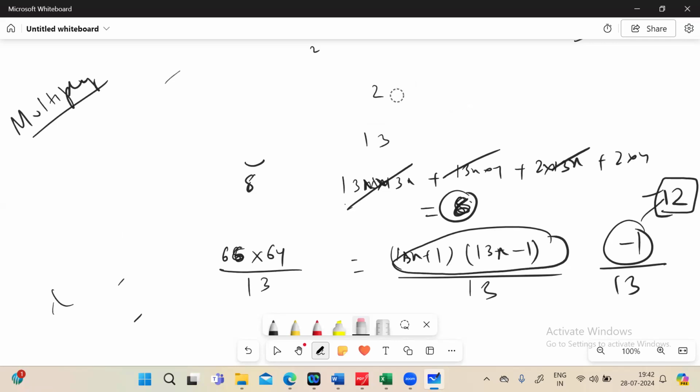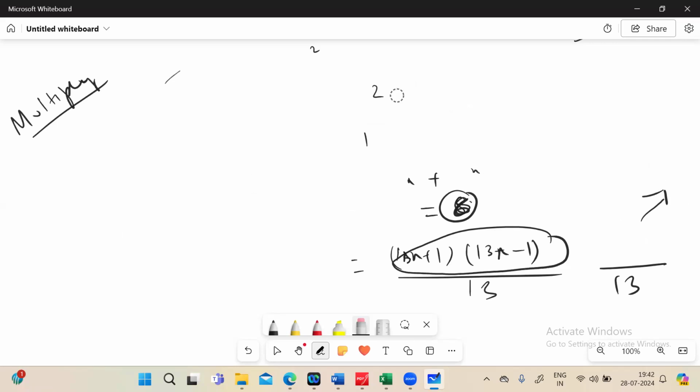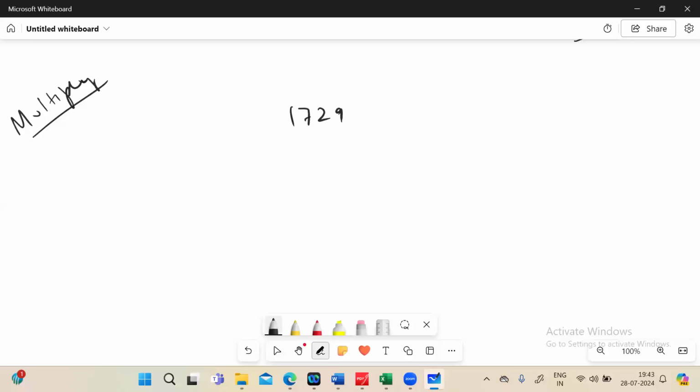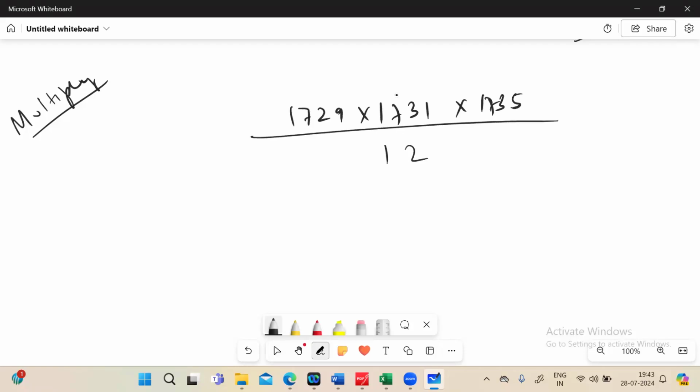So there was a very simple question which was asked in CAT a few years ago. They asked a question like this: 1729 into 1731 into 1735. If it gets divided by 12, what will be the remainder?